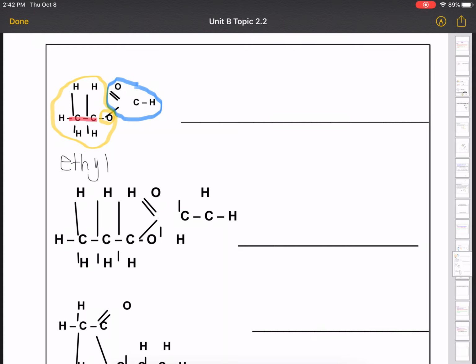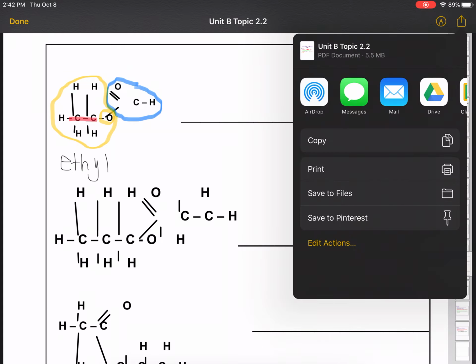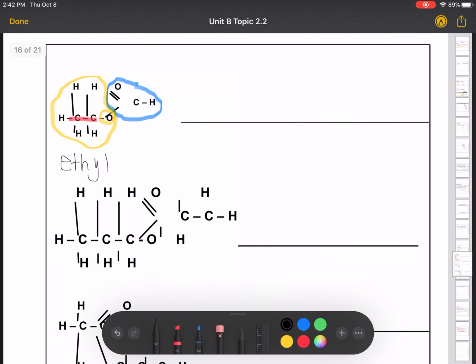There's 1 carbon there, which means it's going to be a meth. And then if we look back, it says to put oate at the end. So it becomes methanoate. Okay?